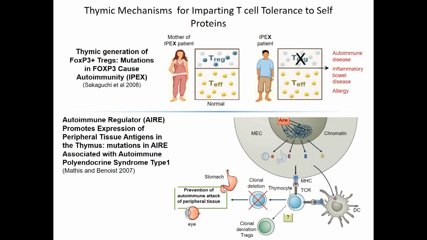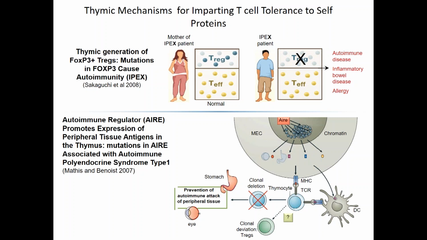The second mechanism in the thymus is really fascinating, I think, which has to do with autoimmune regulator, which is another transcription factor. It promotes expression of peripheral tissue antigens in the thymus, and mutations in this transcription factor are associated with another autoimmune syndrome. And so the thymus really does two things.